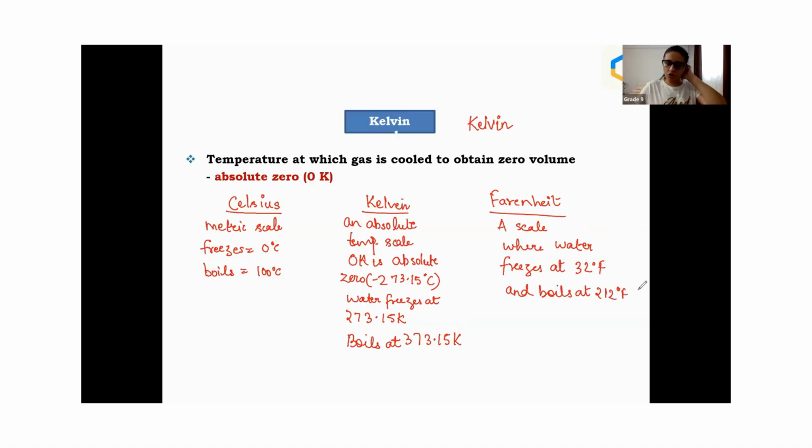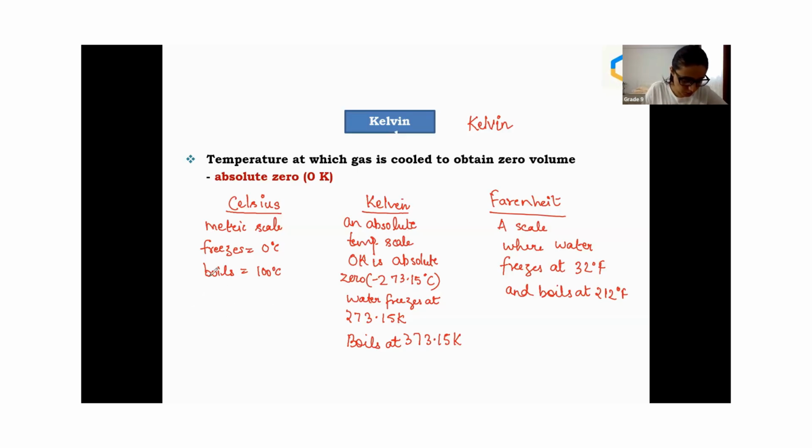So there is no logic in this one. These are just some units for Celsius, Kelvin, and Fahrenheit. One more point, importance is also important.